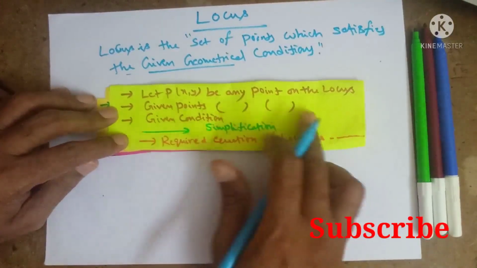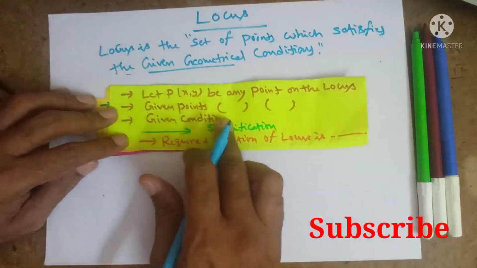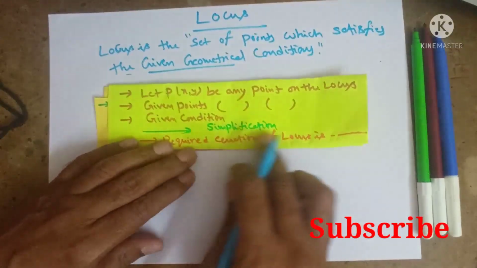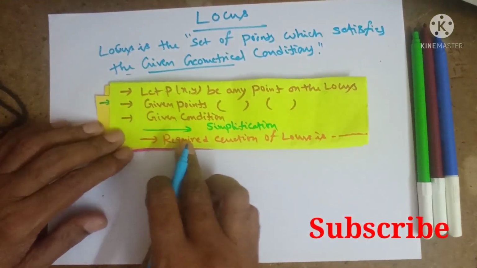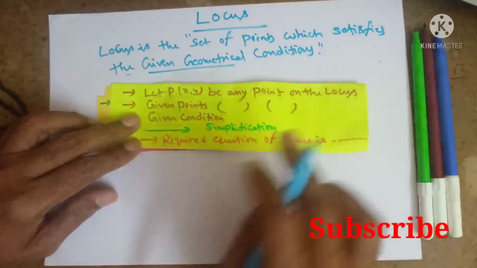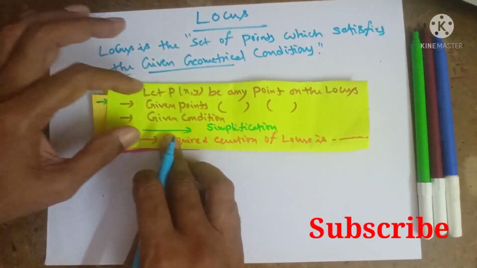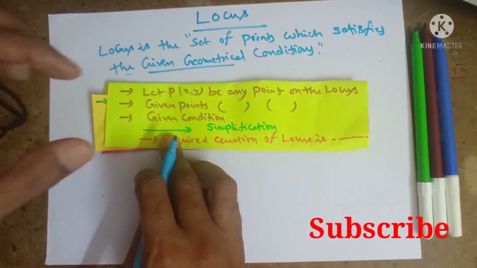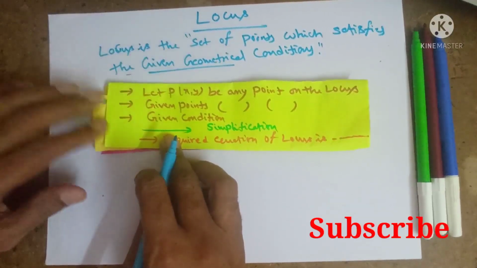Next one, given points. Next, given condition. From that condition we do the simplification. At last, required equation of locus is, the final answer you have to write. These steps must and should be written in each and every question of the locus chapter.